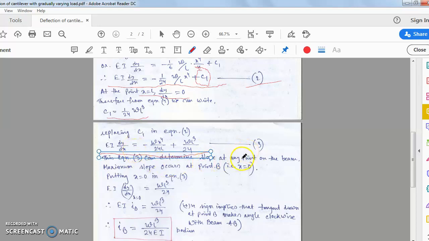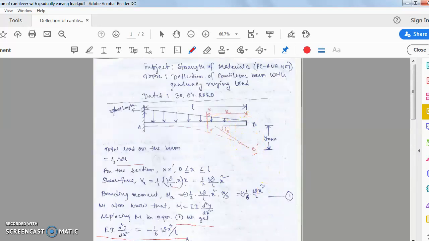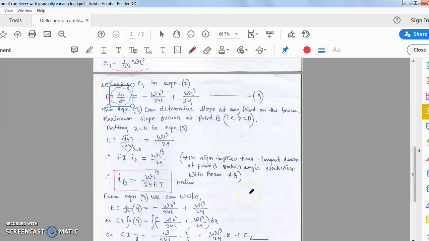Equation 3 is the major equation to determine the slope at any point on the beam, because it consists of the term dy by dx, which is nothing but the slope. The maximum slope occurs at point B, that means at x equal to 0.